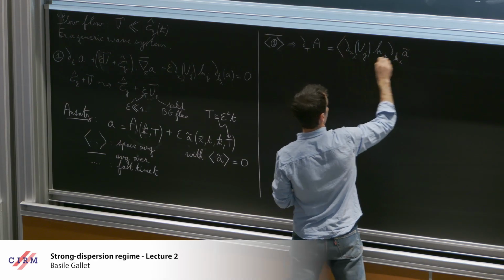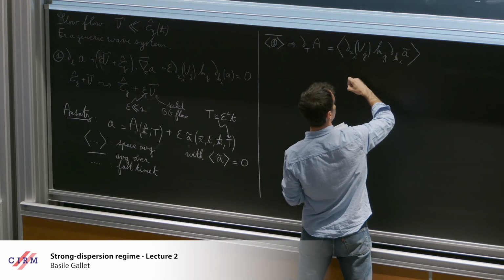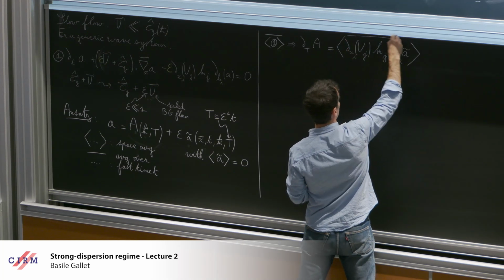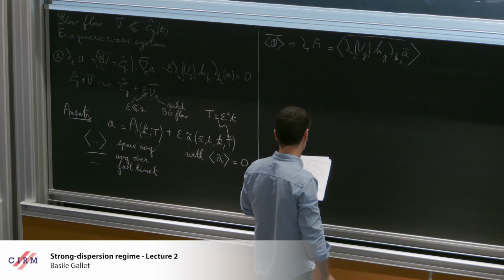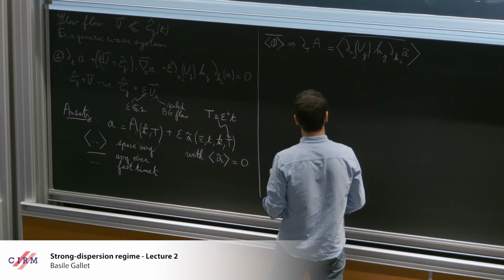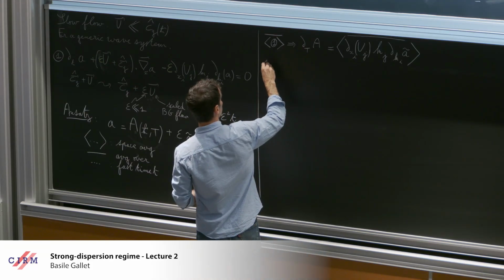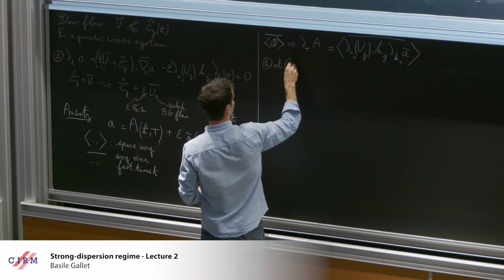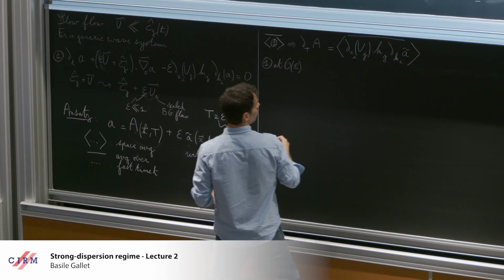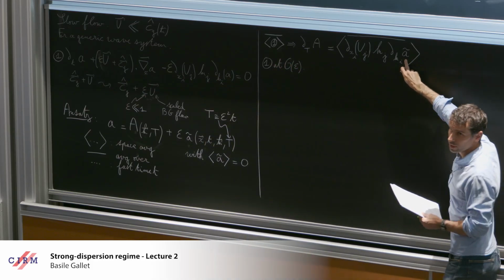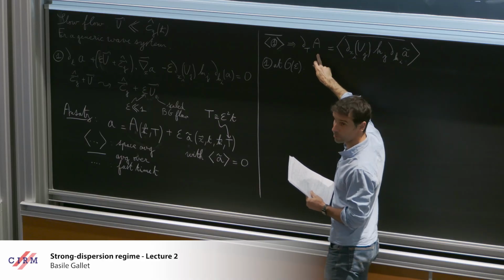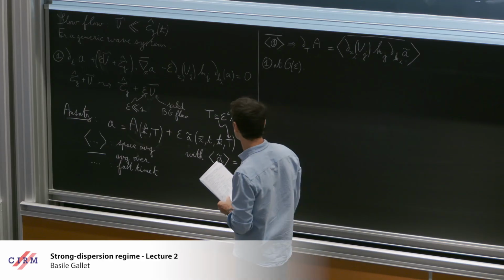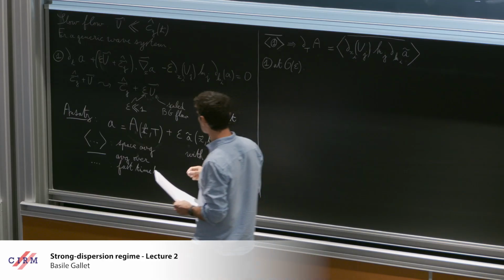Then I've averaged that over space and over fast time. Okay? Now we're going to look at this equation 1 at order epsilon to get the A tilde that we're going to insert in here to get a closed equation for capital A. Okay, so we need A tilde in terms of capital A.